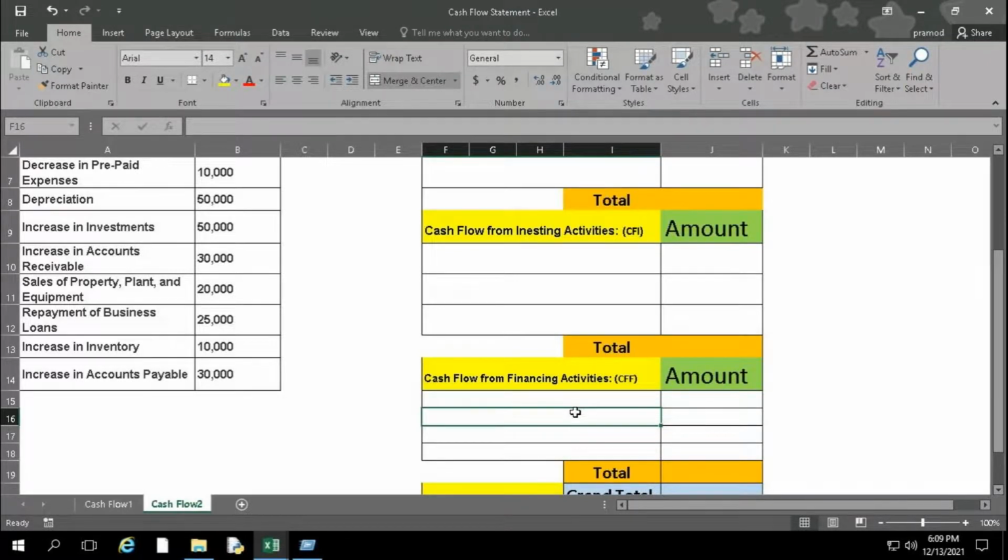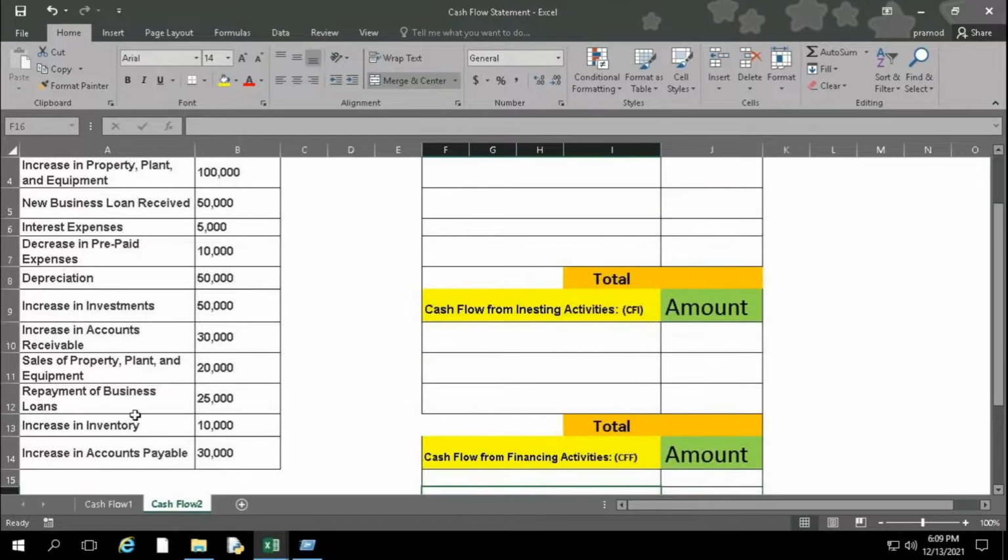But why are they giving increase? It means some more receivable you have. The more receivable you receive, receivable is positive. It should be in plus. Payable should be negative. Yeah.